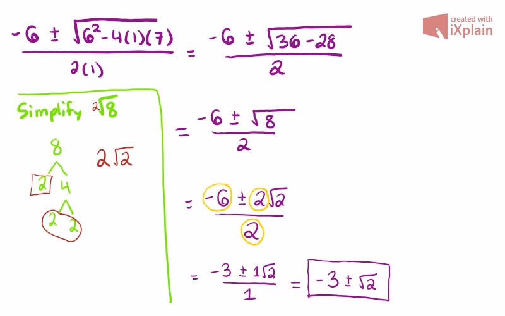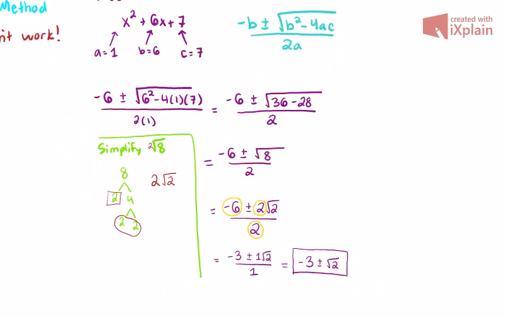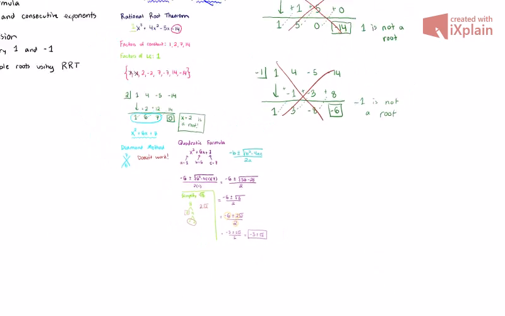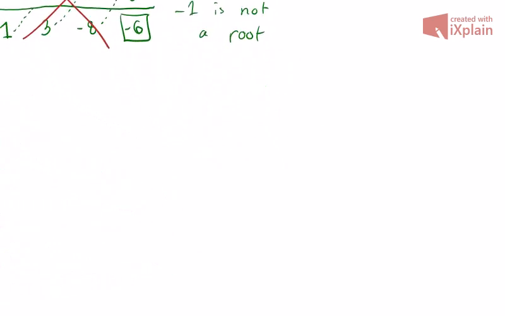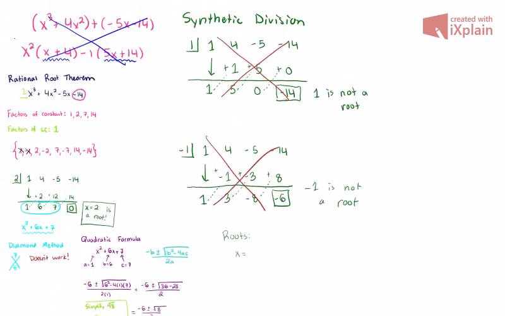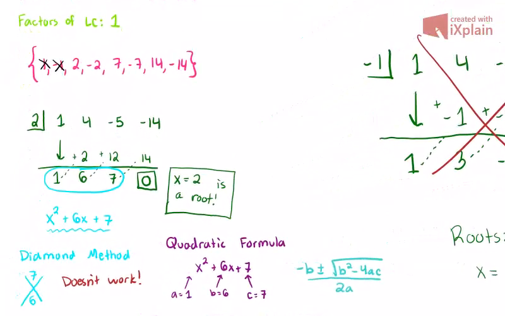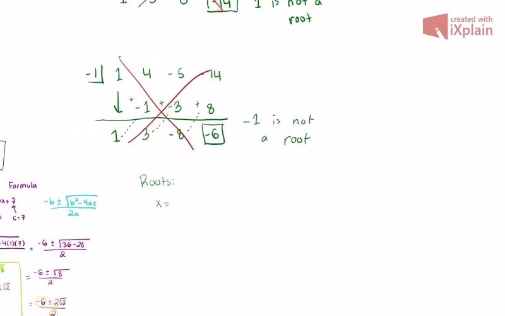Because I have the plus or minus, that means one of the roots is -3 plus root 2, and the other is -3 minus root 2. So putting together all of this that we just did for this one problem, I'm going to write all of my roots in the same place, individually listed. So the first root that we found using synthetic division over here was x equals 2.